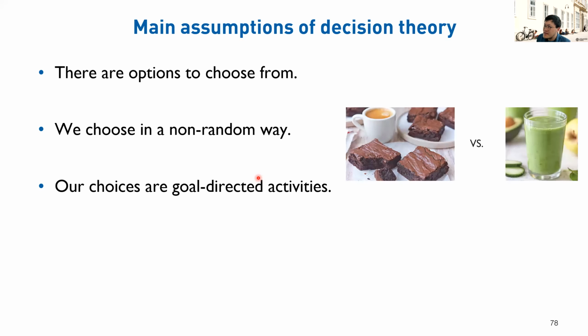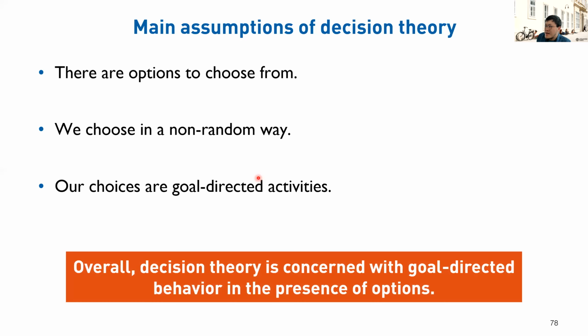So all of these are important elements or aspects that we want to consider when studying decision making. It's not only that I give you a choice, I give you all the options and you tell me which one you like. It's not as simple as that. There are some elements that we can unpack.